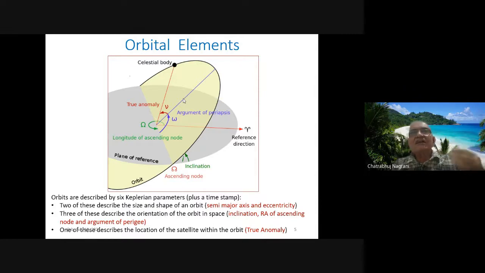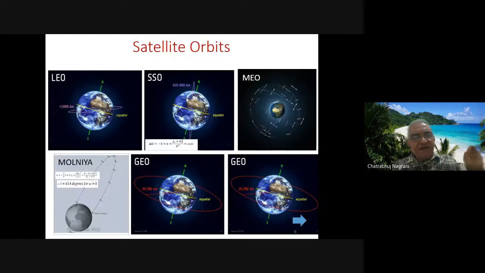You will automatically know that you need 2 parameters for defining the ellipse, 2 parameters for putting a plane with respect to our equatorial plane, 1 parameter to fix the location of the ellipse in the plane, and 1 parameter to define the location of the satellite in the orbital plane. That is how we define Keplerian elements.